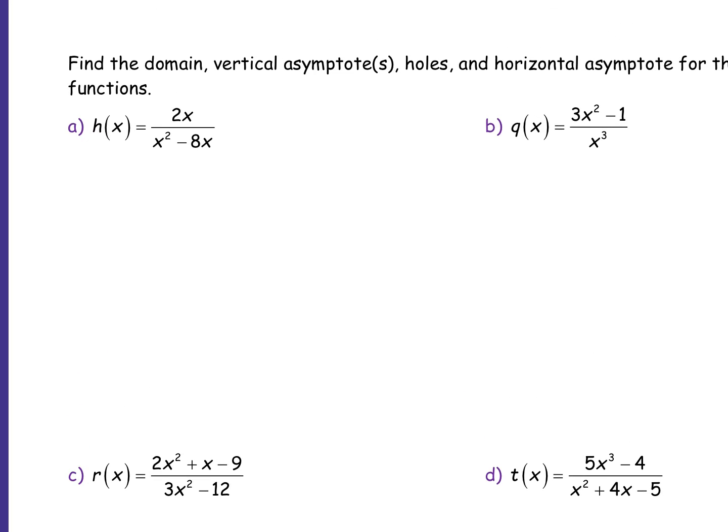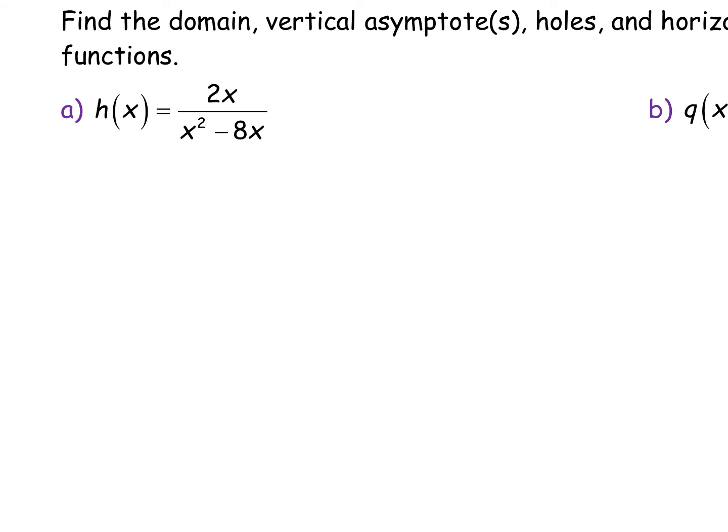Okay, here we go. So I think some of you guys just still are not factoring quite right. So for A, right, I've got 2x all over. I can factor an x out of the bottom. So then the x's go away, and I get left with 2 over x minus 8. So I have a hole at 0, and when I plug it in, it's negative 1/4.